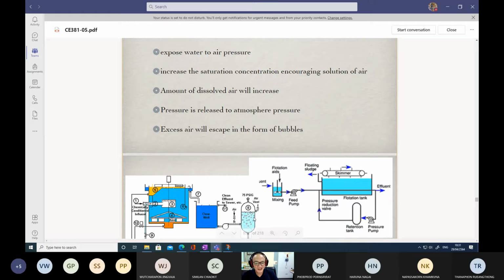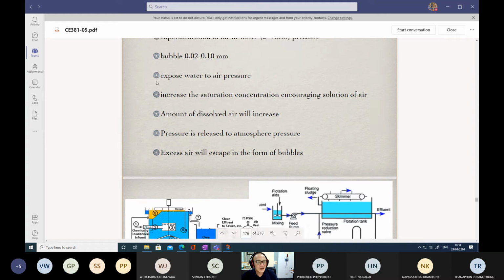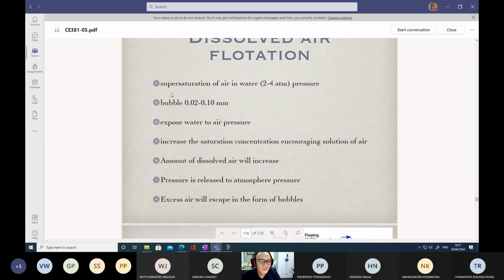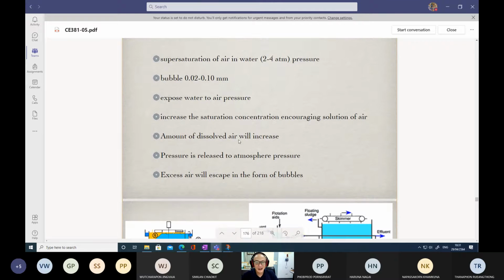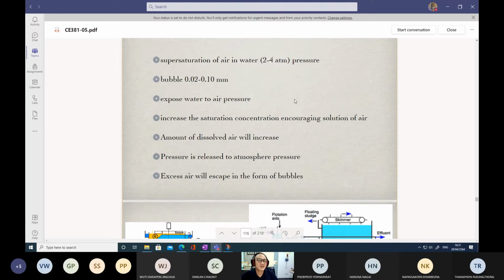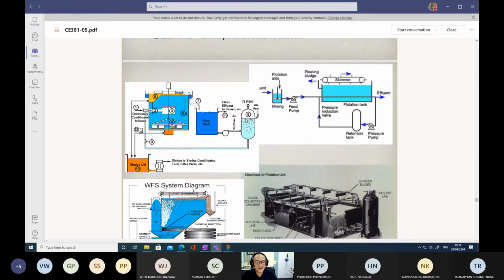It's supersaturated, but when we release the valve, the air which was dissolved under supersaturated conditions, if we reduce the pressure from 2 to 4 atm to just 1 atm, exceeds the saturation capacity. In this case, the air bubbles will reform in this flotation tank.